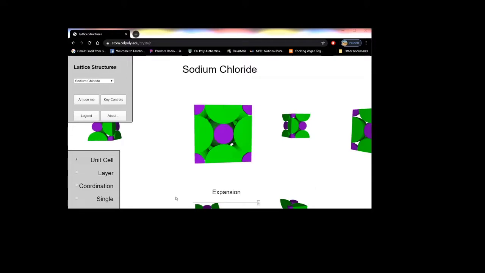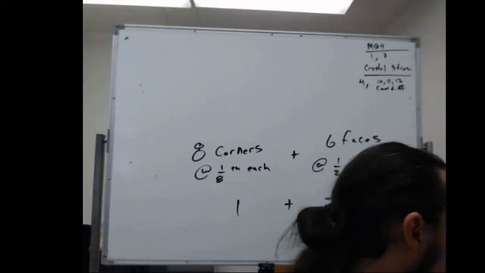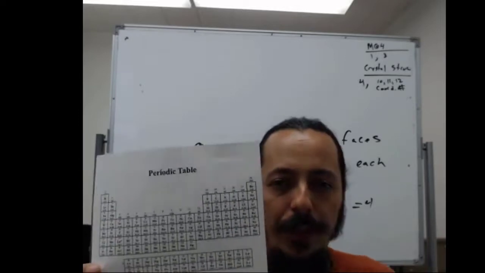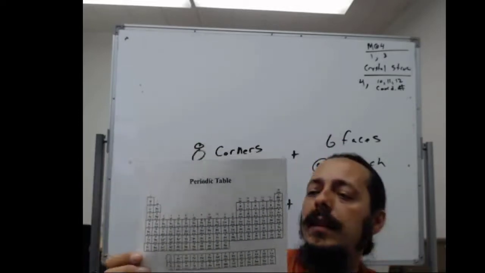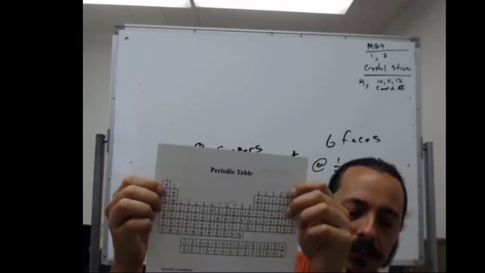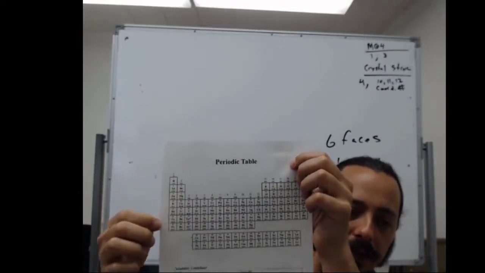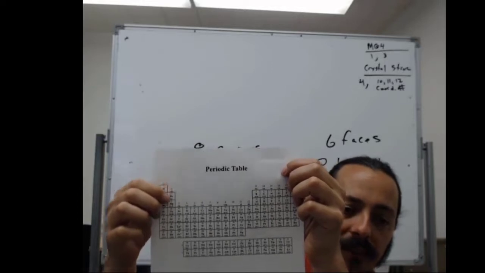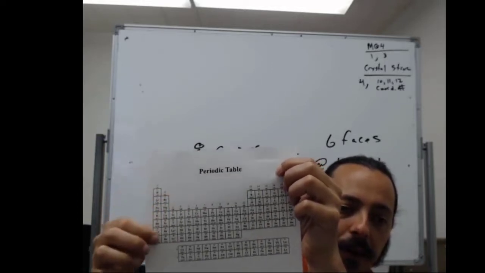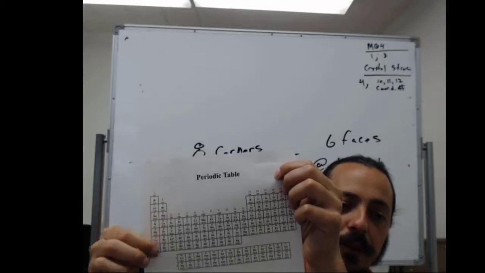So if we take a look at the periodic table, there's a couple repeatable things that we can look at on the periodic table. One of them is things in the first column, which we call the alkali metals. Those things typically have a +1 charge to them. Things in the second column, the alkaline earth metals, those typically have a +2 charge.